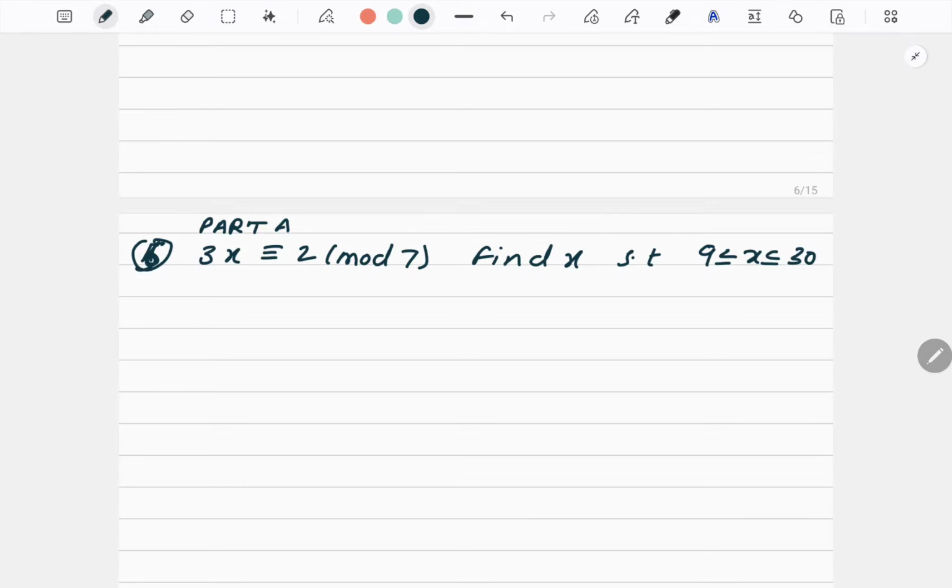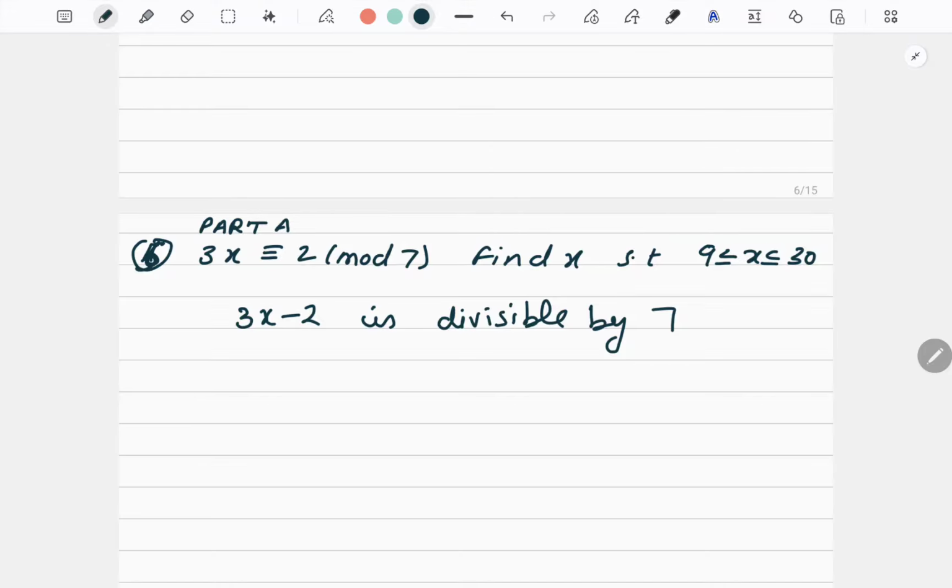Now, as per the definition I told you, the moment I write congruency, it means 3x minus 2 is divisible by 7. Or in terms of remainder, how will you understand it? If I divide 3x by 7, 2 will be the remainder. Keep repeating that, so the next stage questions will be very easy for you. Right now I have the concept that 3x minus 2 is divisible by 7. Right? Now what value of x should I put?